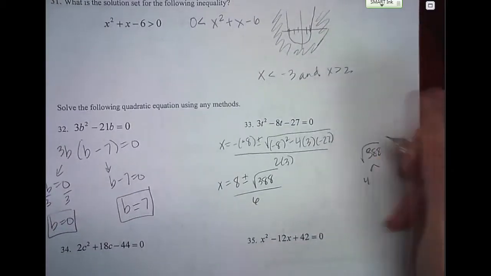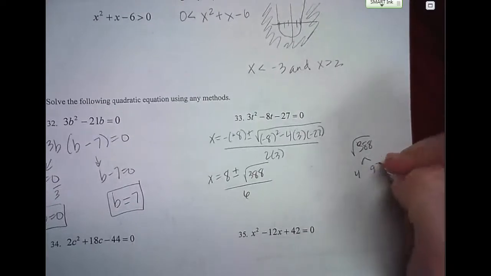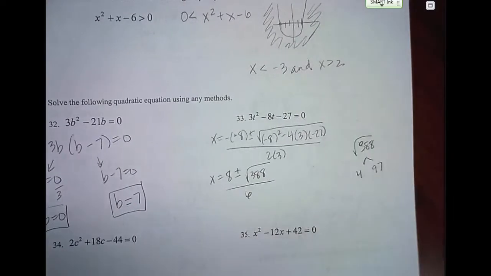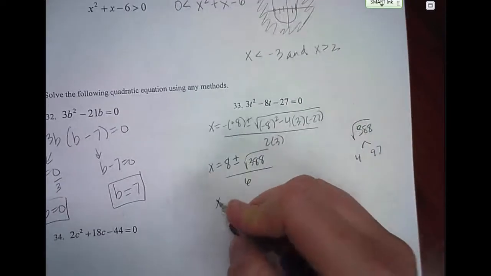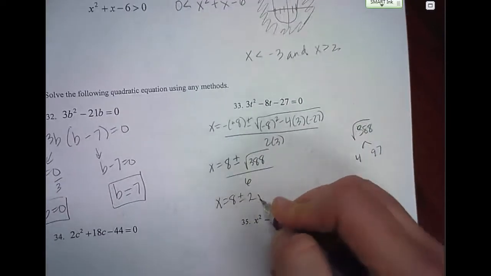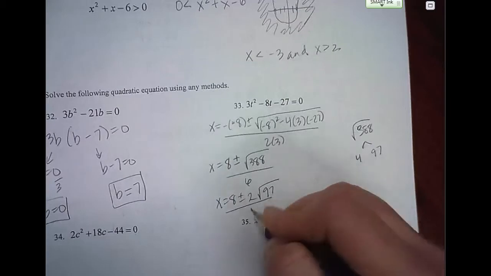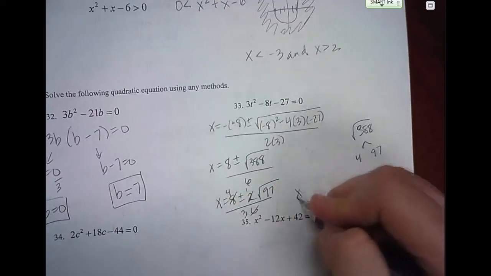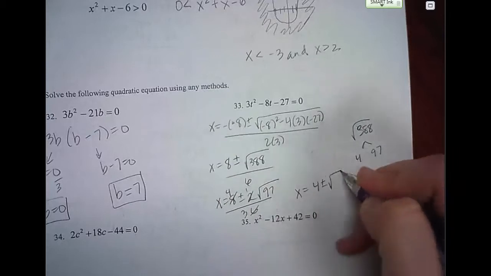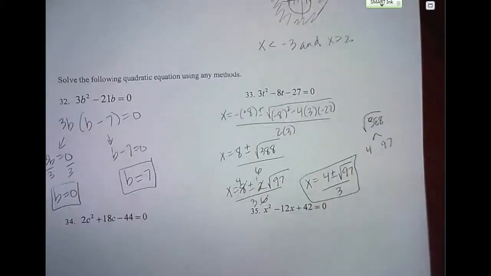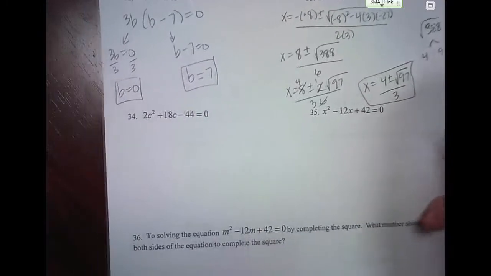It looks like it breaks up into 4 times 97. So that would be x equals 8 plus or minus 2 square root 97 over 6, and then I can take a 2 out of all of those. So x equals 4 plus or minus square root 97 over 3. Oh, that's ugly.